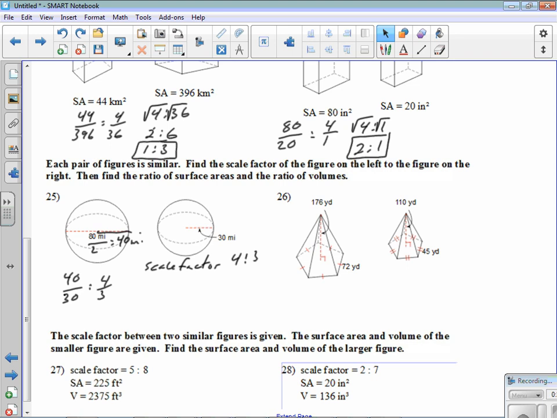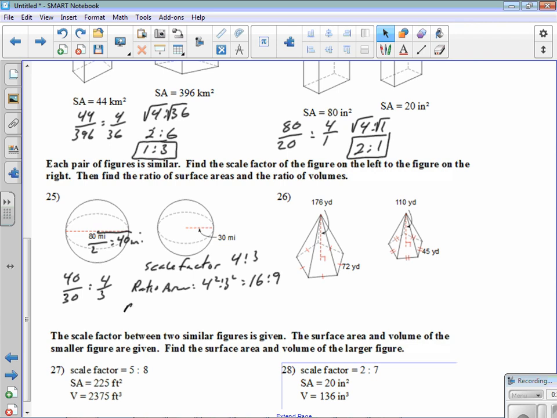And then the ratio of area, we square those, so 4 squared to 3 squared, which is going to give us 16 to 9.